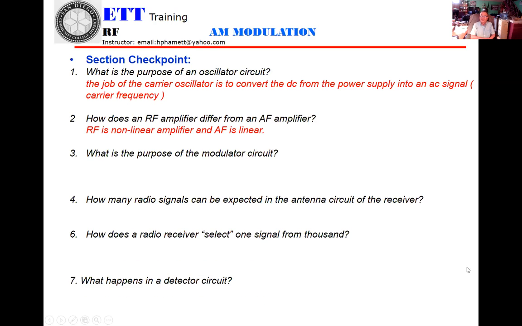Okay, this is the definition. RF is a non-linear amplifier and AF is linear. Now we need to understand what that means for a non-linear or linear amplifier.